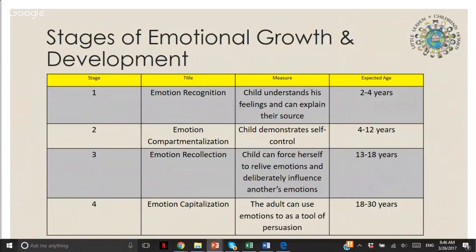That's when the child can recall the memories and apply that to someone else's situation. And then the last one, emotional capitalization, I put as 18 to 30 years, but really it's probably forever. It's something that you're always going to be working on. But you should be able to do it by 30. You should be able to do it, just maybe not with a big group of people.